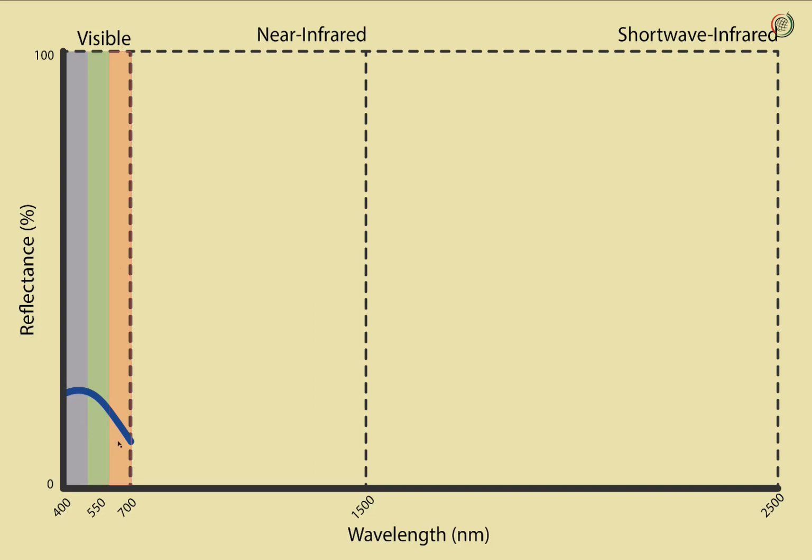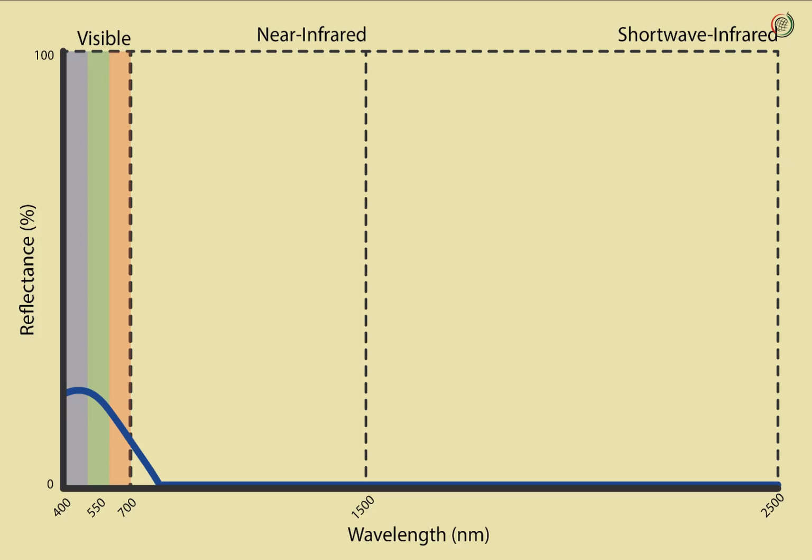That's why these wavelengths are not reflected as much as blue. What about water in the near infrared? Remember that just because we see water as blue doesn't mean that it isn't reflecting, absorbing, or transmitting other wavelengths. Water is particularly simple in the near infrared and shortwave infrared, as almost all these wavelengths are absorbed. That's why we see zero reflectance for most of the near-infrared and shortwave infrared wavelengths.